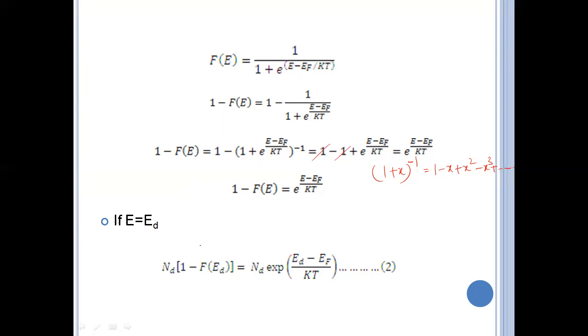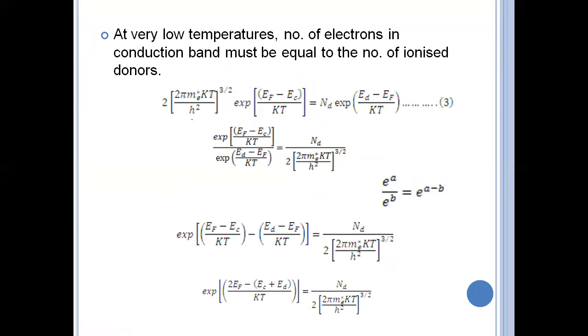So now we have the number of ionized atoms in the donor level and also the number of electrons in the conduction band. At low temperatures, the number of electrons in the conduction band must be equal to the number of ionized atoms in the donor level. So just equating both the expressions and getting exponential functions onto one side and constant terms on the other side, the equation will look like e power a by e power b on the left hand side.